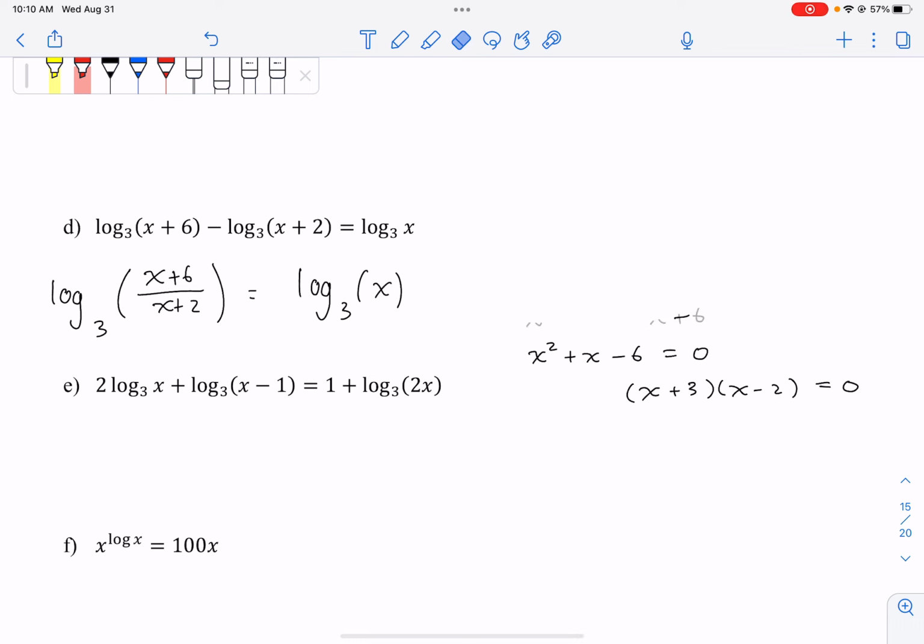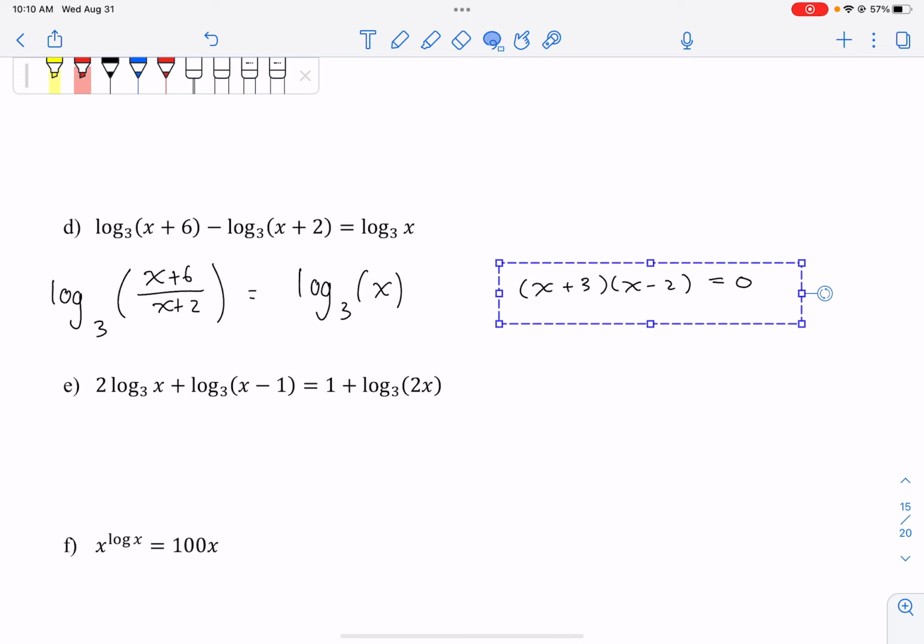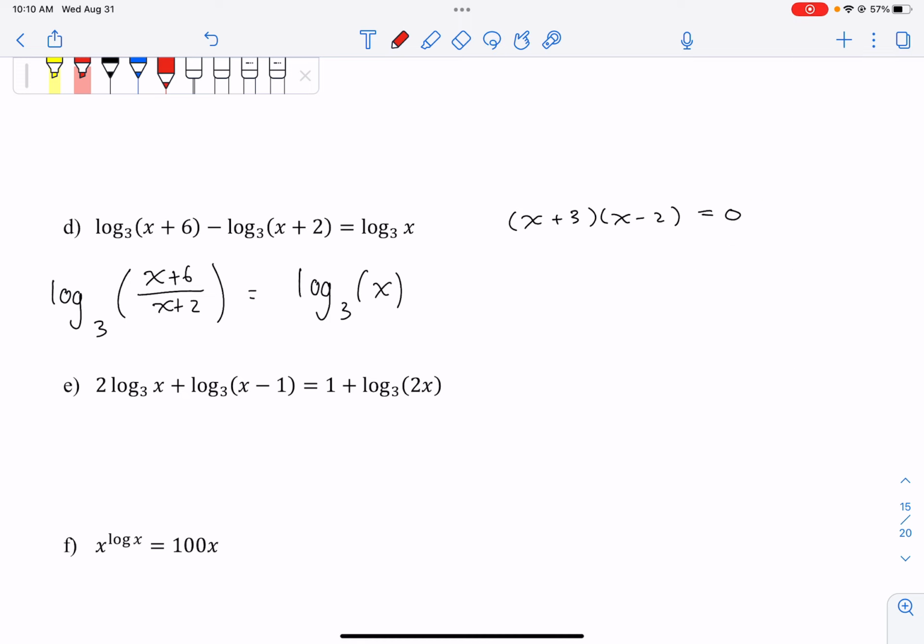Let me erase this over here so you get more space. x is either negative 3 or positive 2. And as you can already tell, we have to reject this because it fails this and this. Our only solution is x is equal to 2.